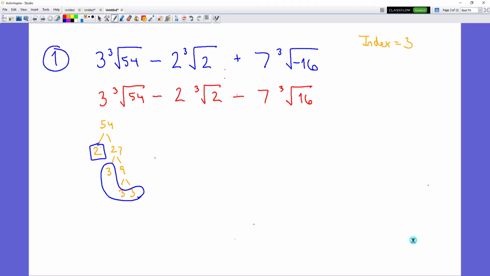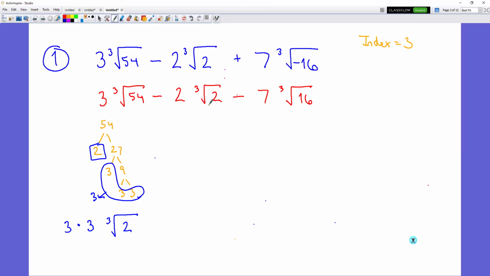So then what I do here is bring down 3 cube root of 54, just dropping down the cube root sign. The 2 is inside the box, so we're going to put a 2 on the inside. And then we have a 3 already outside, but we also have this group of 3s that becomes one 3. So it becomes 3 times 3. Okay, we'll deal with that in just a moment.